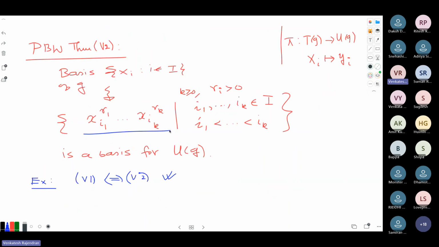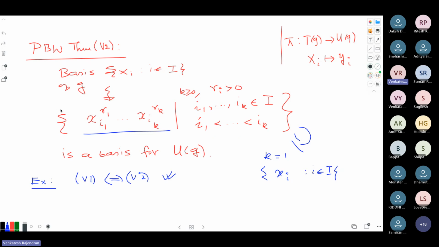You take k to be 1 and then you will just have i in I. When k equals 1, you run over xi, i in I. And this is contained in the basis. So because of that, this entire set is a basis.